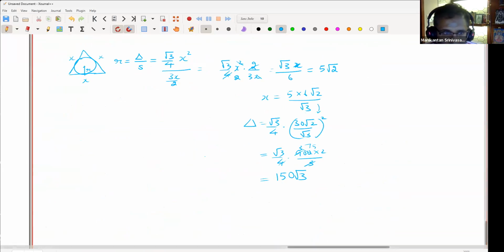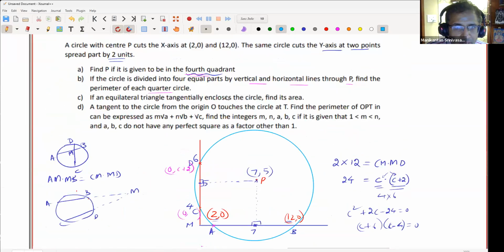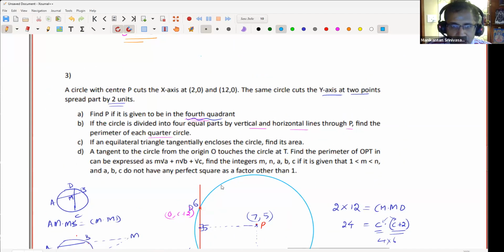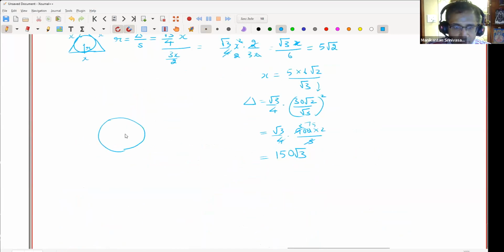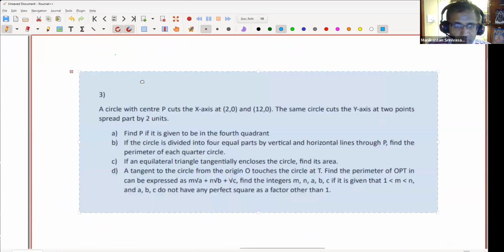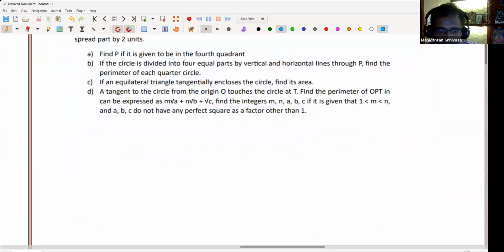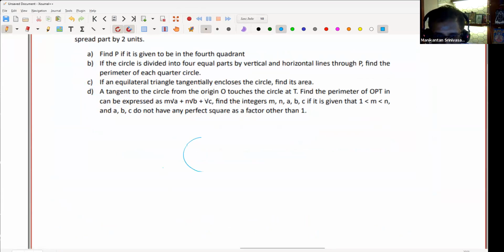So this is a tangent to the circle from O. So let me just paste this question again here so that you don't have to scroll back and forth. Tangent to the circle from O touches the circle at T. So we have the circle. We know the radius of the circle is 5 root 2. That's what matters for now.